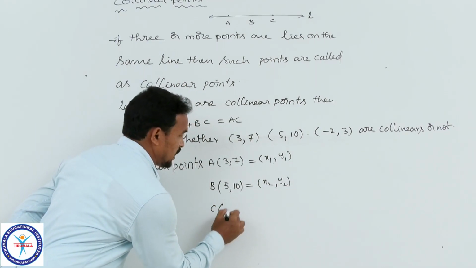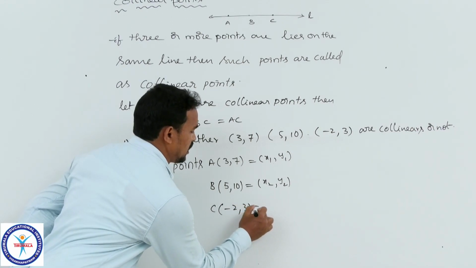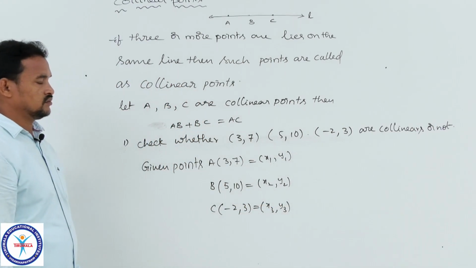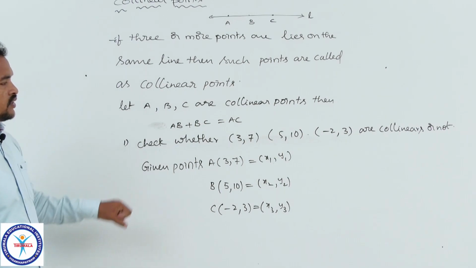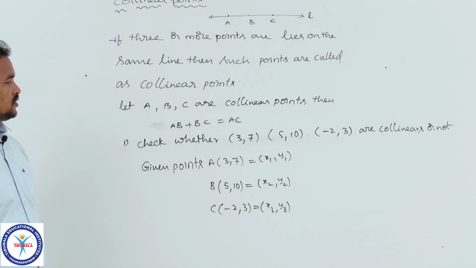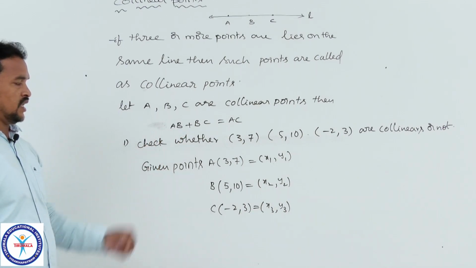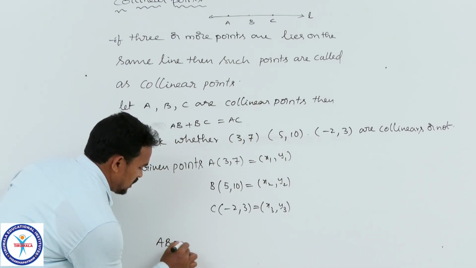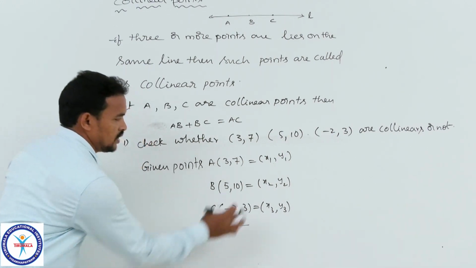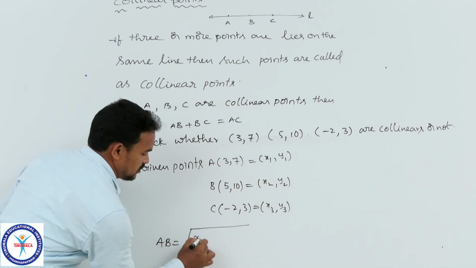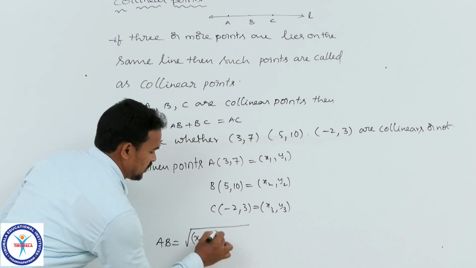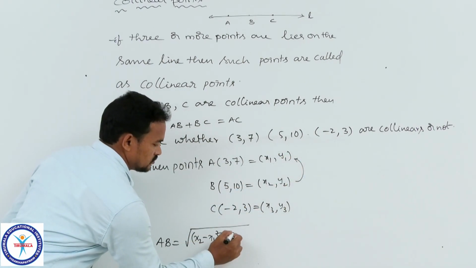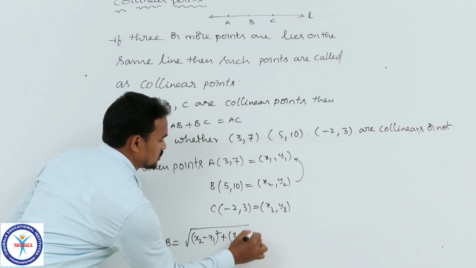Next the third point C(minus 2, 3) is (x3, y3). To check whether the given points are collinear or not, first find the distance from A to B. Here the distance AB is the square root of (x2 minus x1) whole square plus (y2 minus y1) whole square.